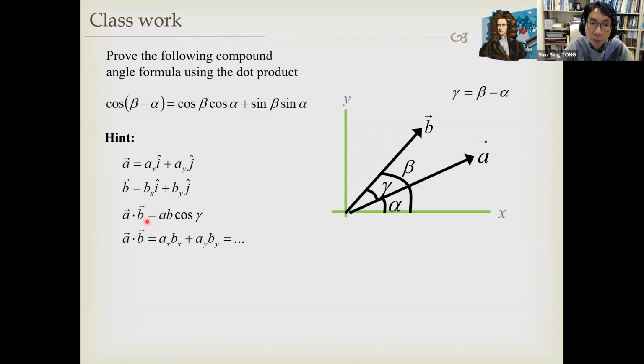Now I write out the vectors in terms of the components. We know that the dot product between the two vectors is AB cosine gamma. That is the definition. But I can also write the dot product in terms of the components, AX BX plus AY BY, right?